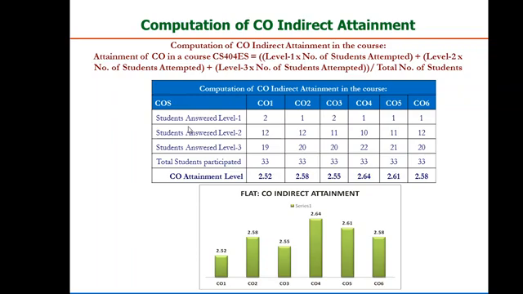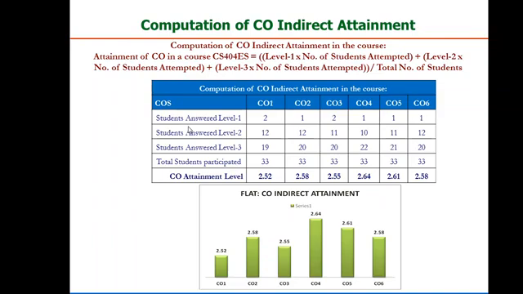For the course, the following table gives the total number of students who participated and answered the levels corresponding to 1 to 3.